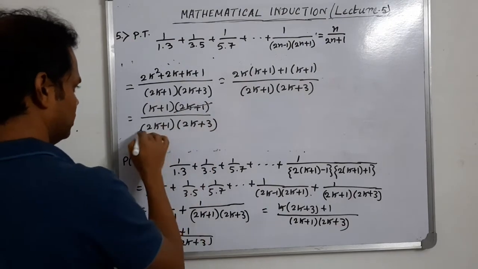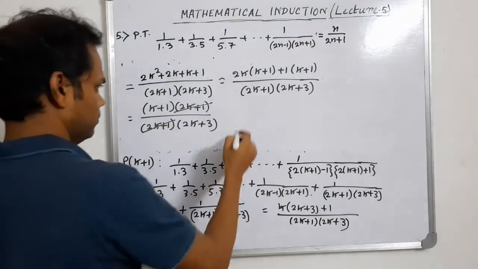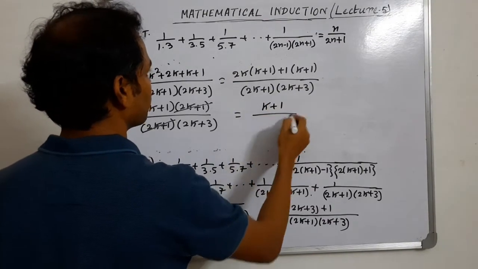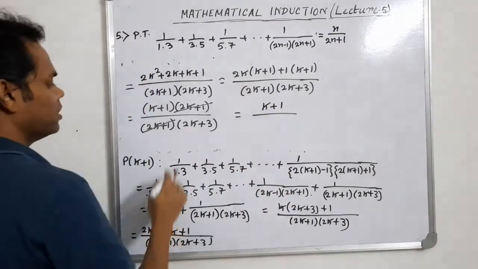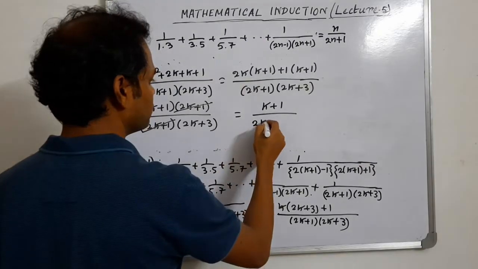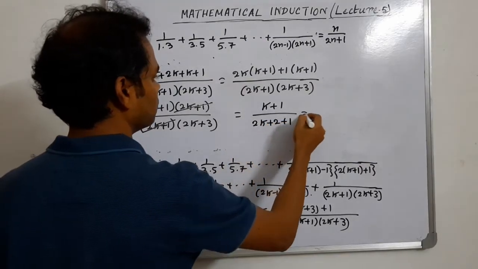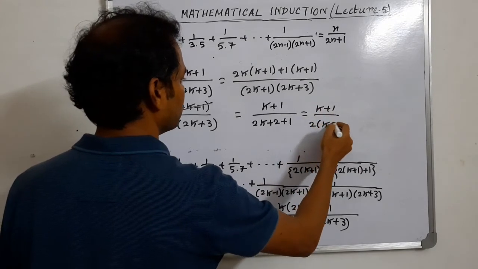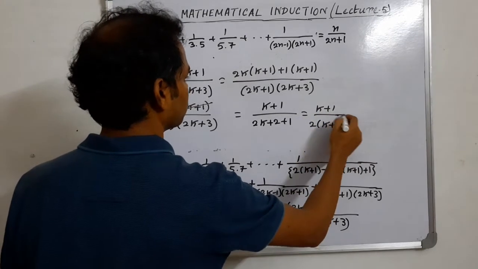By cancelling 2k plus 1 in numerator and denominator, in the numerator there is k plus 1, in the denominator 2k plus 3, which can be written as 2k plus 2 plus 1. So we get (k plus 1) by 2 into (k plus 1) plus 1.